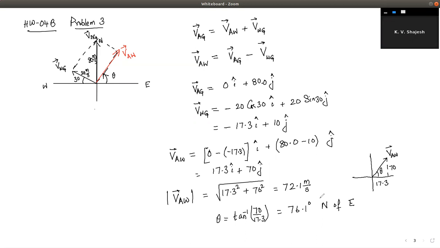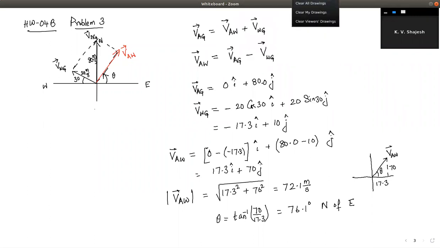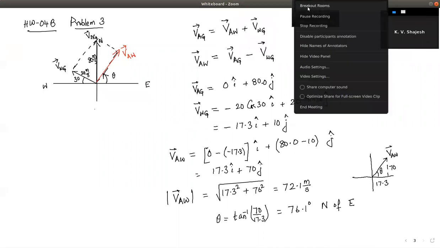So the aeroplane has to head 76.1 degrees north of east at a speed of 72.1 meters per second, such that with the drift of this wind, it eventually ends up going in the north direction at a speed of 80 meters per second. I'll stop here and good luck with your homework.